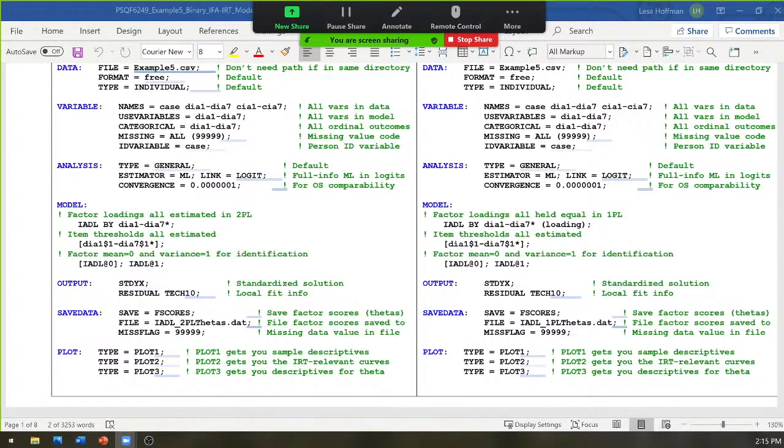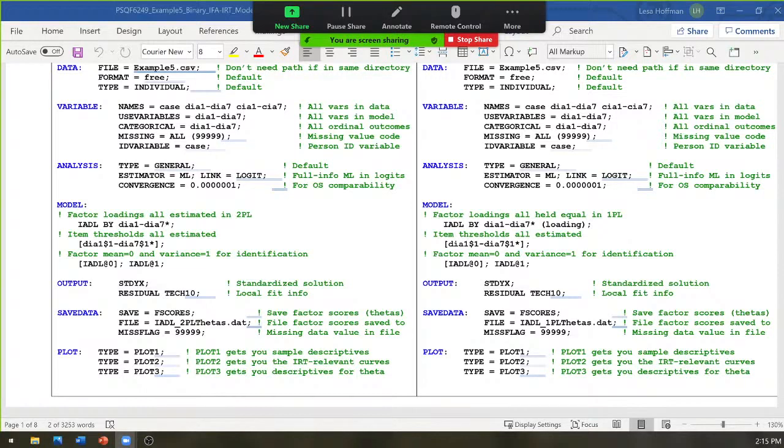So to reiterate a point I was making at the end of last class, when people say in articles, "I did CFA for categorical data and I used WLSMV instead of ML because I want to protect against non-normality," they are talking simultaneously about a switch of estimation and a switch of model, but it's the switch of model that matters.